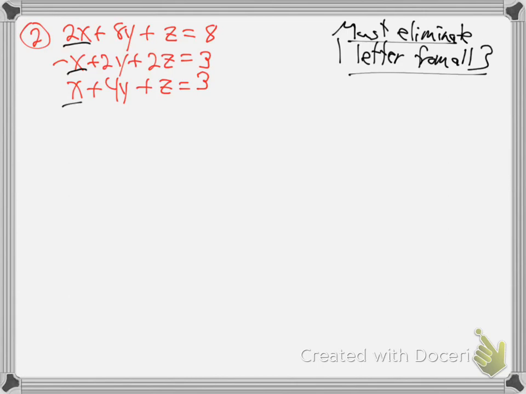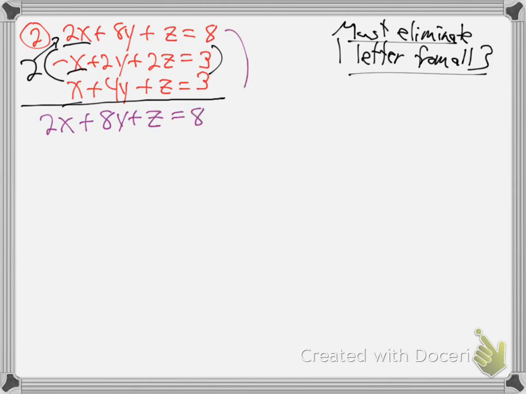How am I going to do that? Well, I could take the second equation and multiply it by 2, and then I could add it to the top equation, and that'd be minus 2x and plus 2x, and they would cancel. So let's do that. The top equation is coming down unchanged.